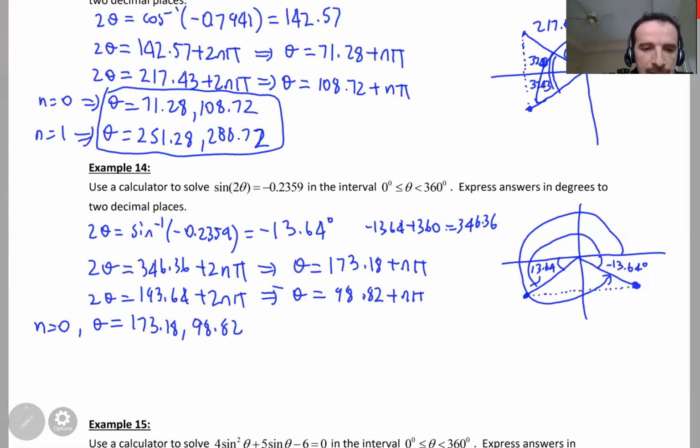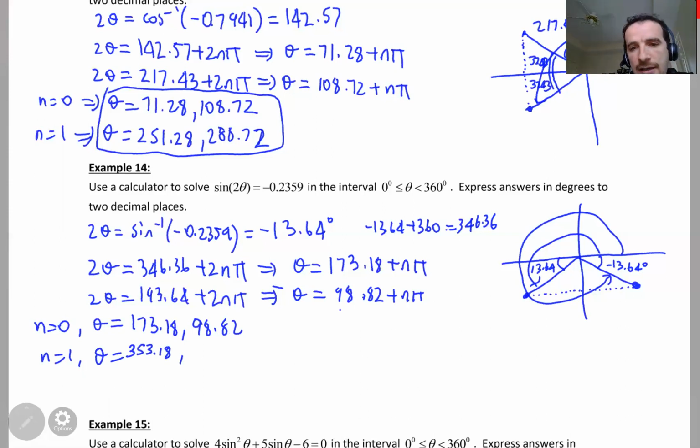And when n is equal to 1, theta is equal to 173.18 plus 180, so using my calculator again, 353.18.